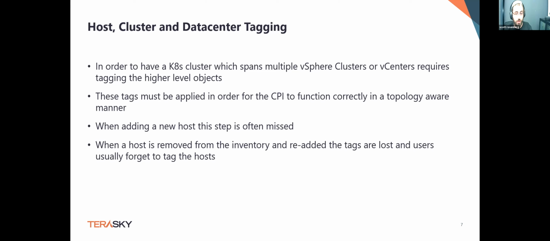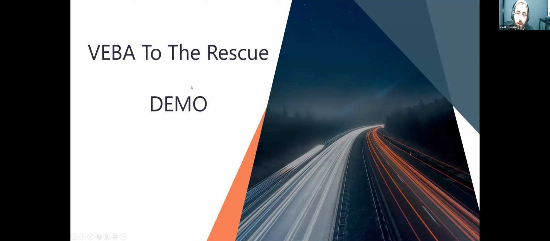And the hardest one with that is our hosts, because if you remove a host from the inventory and re-add it for multiple reasons, or you add a new host, very often this step is missed. And Kubernetes does not like that. So because of this, these are really some of the main use cases that we have found where we've used VEBA in regards to Kubernetes.